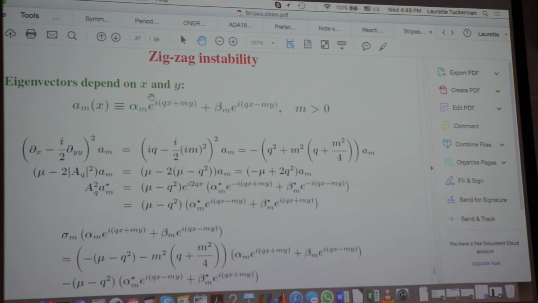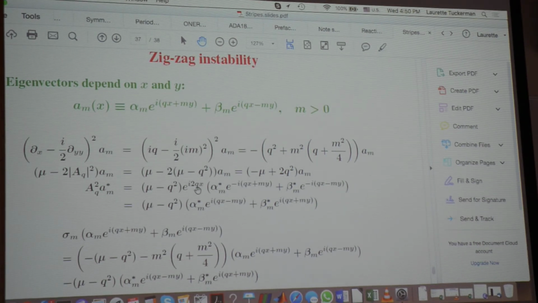This guy now, we're going to complex conjugate him, so we have minus qx minus my, and 2qx minus qx is going to give us qx, and then we have the minus my, so we're going to get qx minus my. That's the alpha star, but it has the form of a beta. So this is what's going to appear in the beta equation.